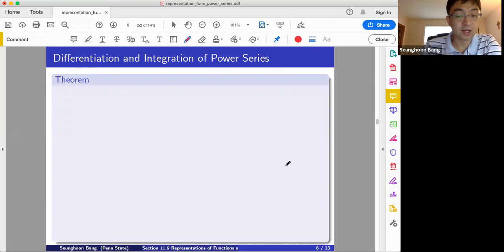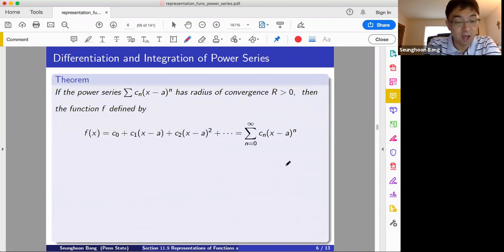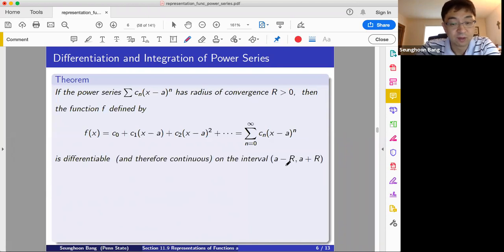So when you summarize the differentiation and integration of a power series, if the power series summation Cn times x minus a to the power n has a radius of convergence r, then the function f defined by f of x equals C0 plus C1 times x minus a plus C2 times x minus a squared and so on, exactly summation from n equal to 0 to infinity Cn times x minus a to the power n, is differentiable and therefore continuous on the interval.